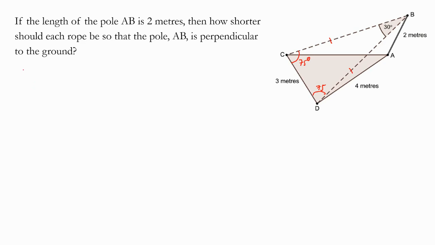let's start by saying angle BCD plus angle BDC, right? Plus angle CBD equals 180 degrees, since it's the angle sum in a triangle.